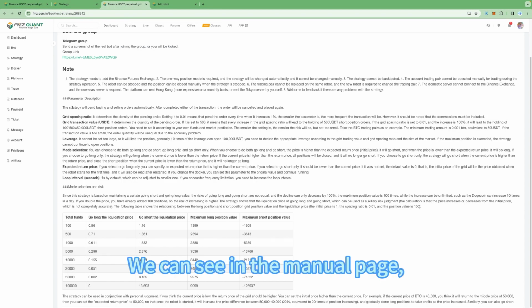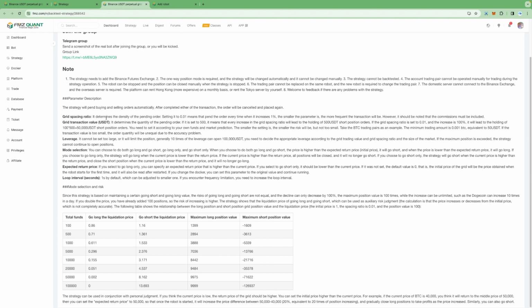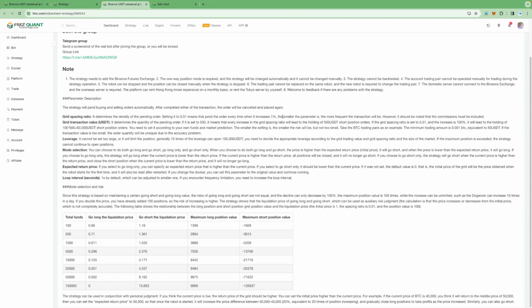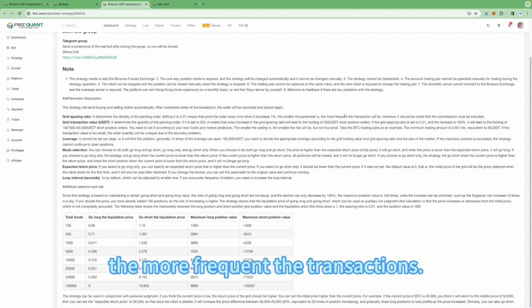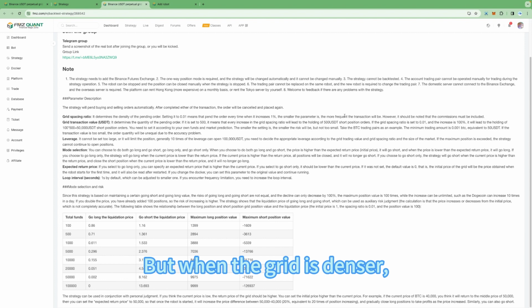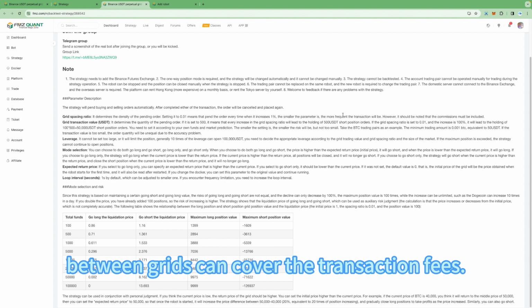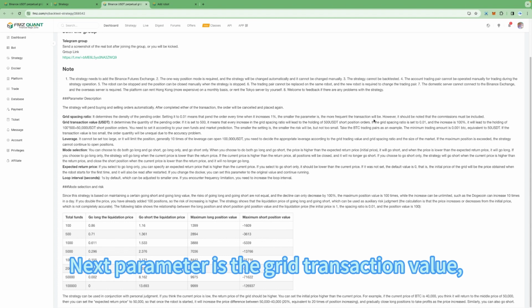We can see in the menu page, if we set it to 0.01, it means that for every 1% increase in price, an order will be placed. The smaller the setting, the more frequent the transactions. But when the grid is denser, it is necessary to pay attention to whether the price difference between grids can cover the transaction fees.